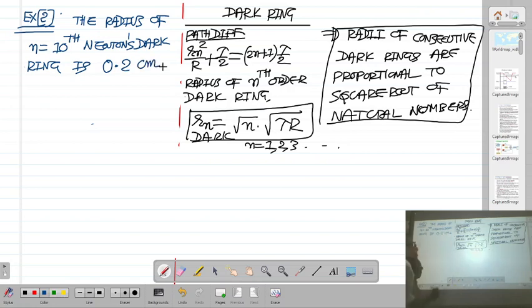You are given the radius of the 10th dark ring. It is 0.2 centimeter.